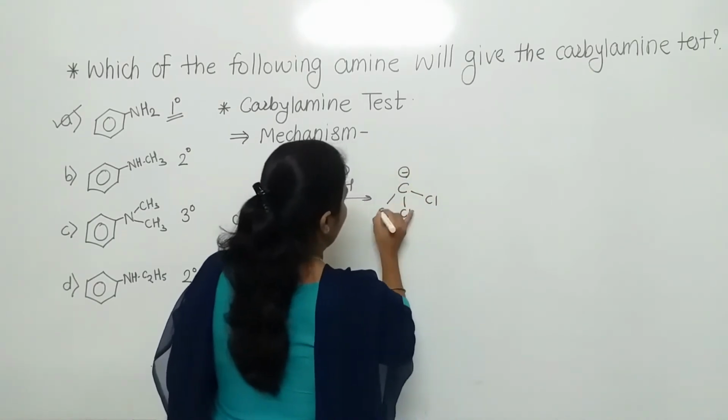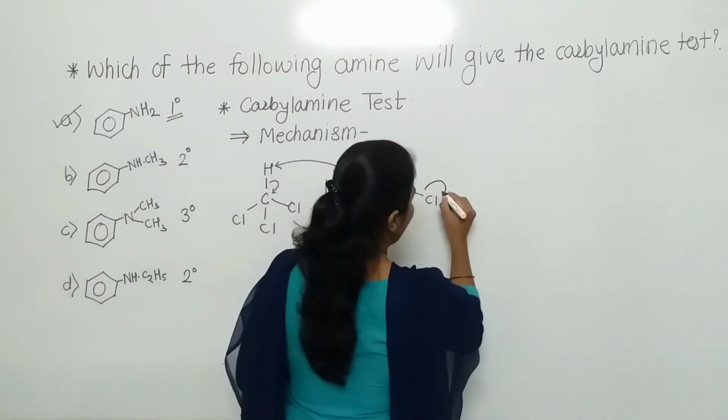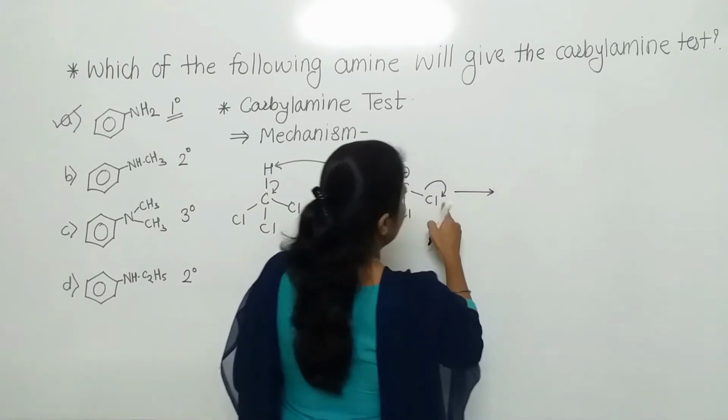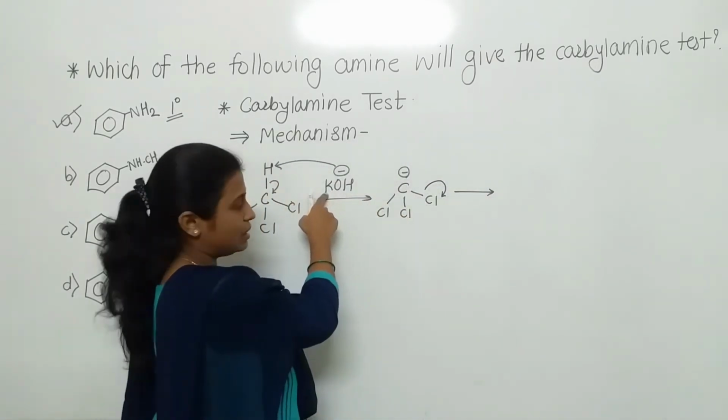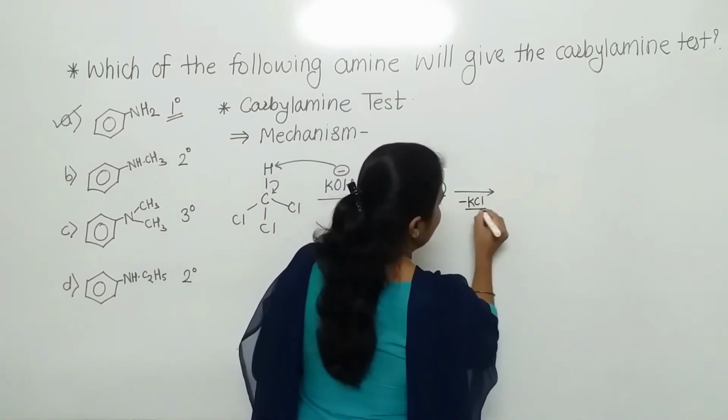After that, K plus is there, and there is a removal of one Cl minus. K plus and Cl minus means first KCl is removed.